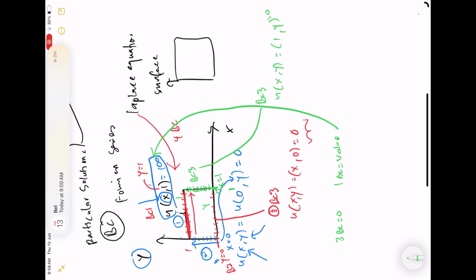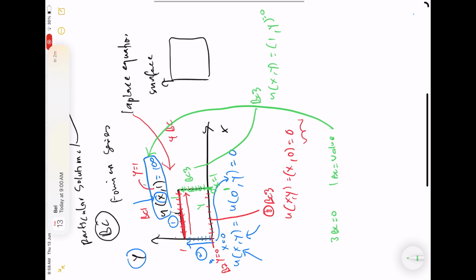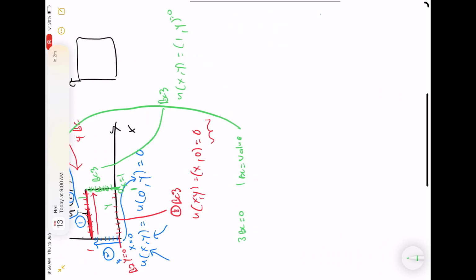Okay, so if you see this, what you need to do first, you already get the boundary conditions, 4 boundary conditions. From the picture, you have already got 4 boundary conditions. Boundary condition is like the initial condition, or we call it BC.